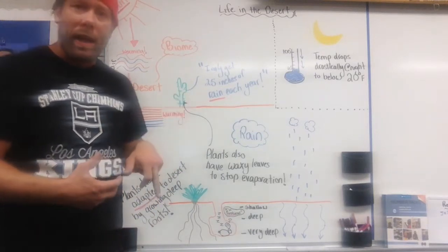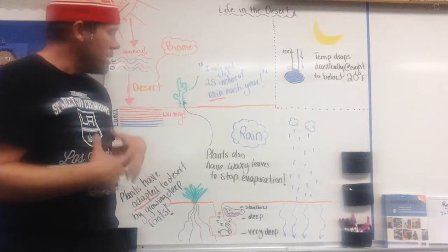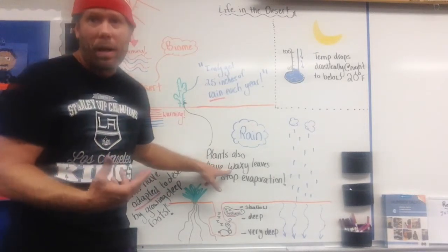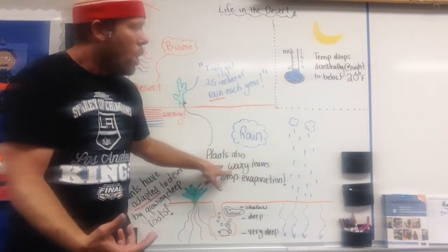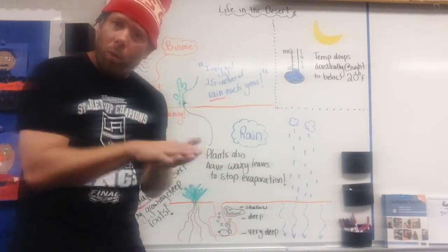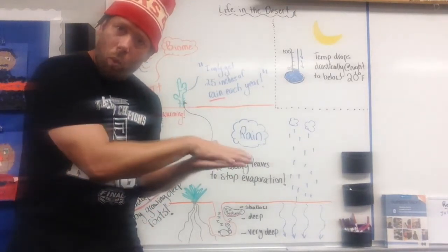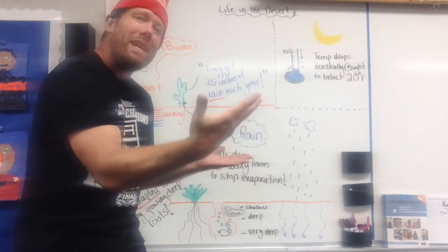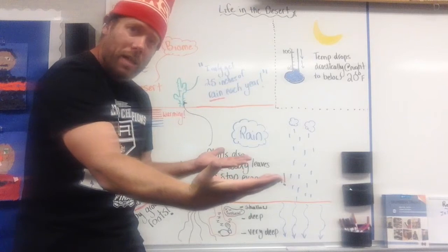One of the ways that plants have adapted is by developing these waxy leaves. We did a science experiment in class, or we tried to anyway, where we took wax paper and covered up a paper towel that was wet. Then there was another paper towel that was also wet, but that we did not cover with wax paper.